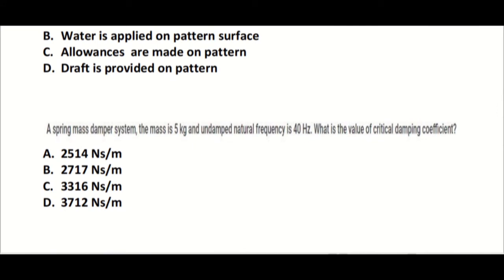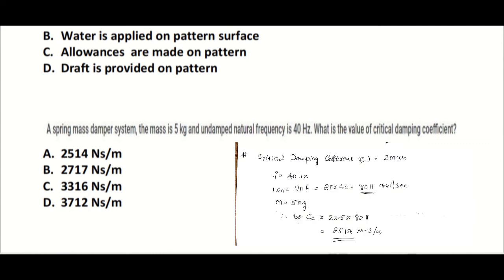Next, a spring mass damper system. The mass is 5 kg and the undamped natural frequency is 40 Hz. What is the value of the critical damping coefficient? The equation for the critical damping coefficient is Cc equal to 2 m omega n. Here the undamped natural frequency f is given as 40 Hz. We know the relation between frequency and natural frequency omega n is omega n equal to 2 pi f.